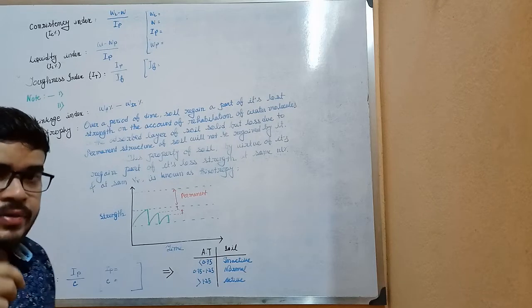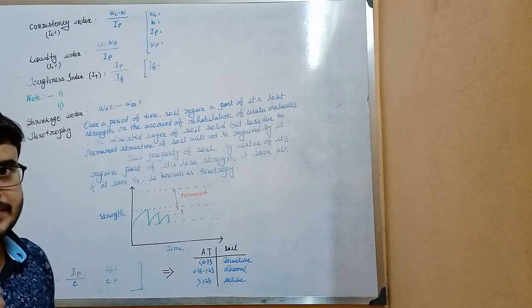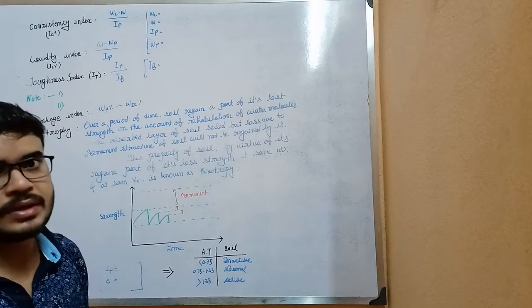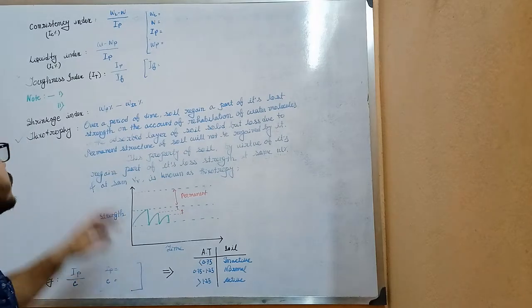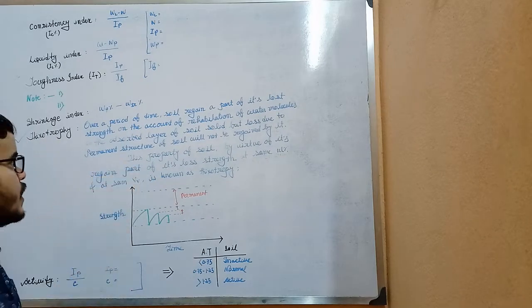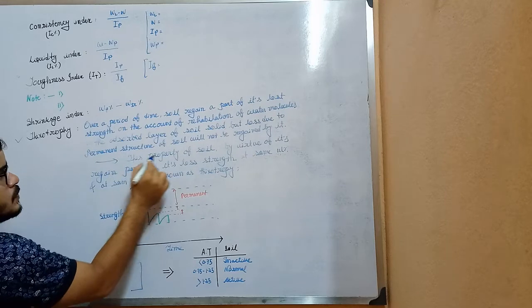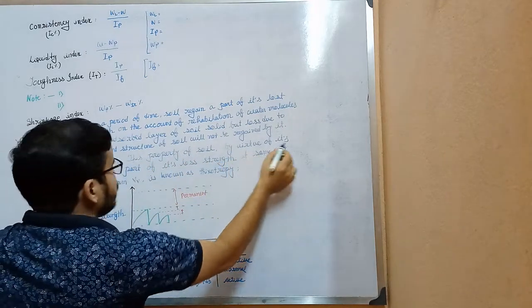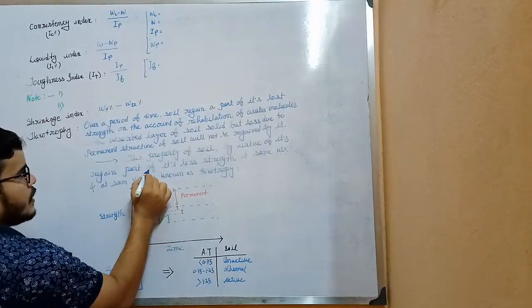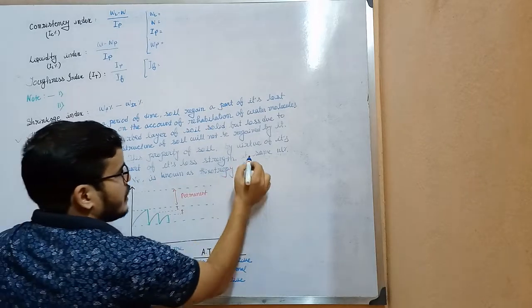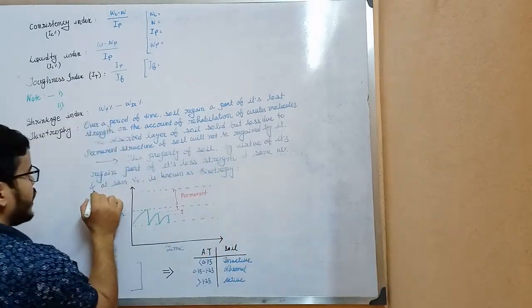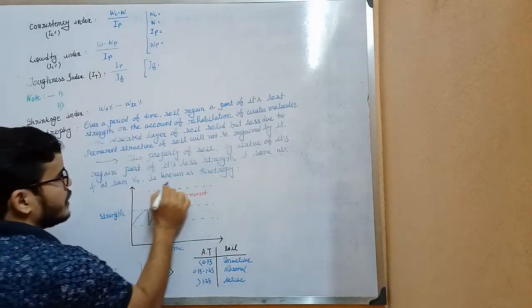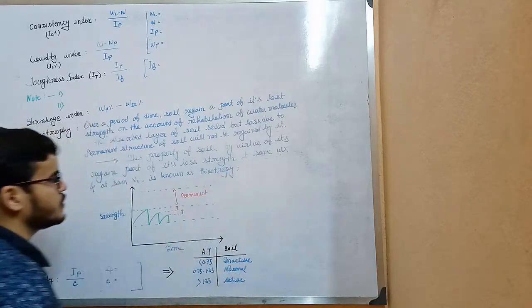The strength recovered by the soil is called thixotropy. Look here: this property of soil, by virtue of which it regains part of its lost strength at the same water content and same void volume, is known as thixotropy.